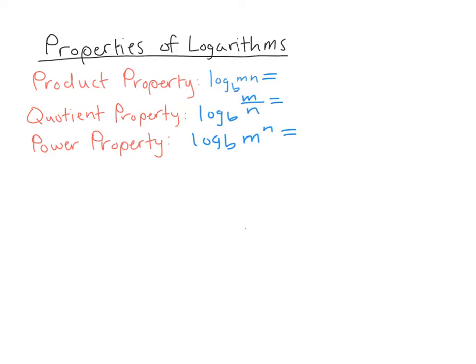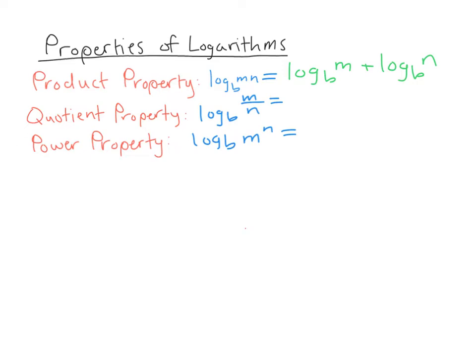So for this one right here, what it states for logarithms is that I can take the same logarithm, the same base, and I can break it apart and do log base b of m plus log base b of n. Okay, so I can break it apart like that. And a lot of people like to say to expand, okay?